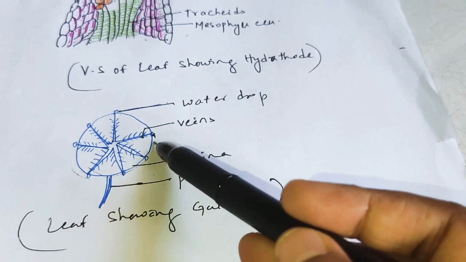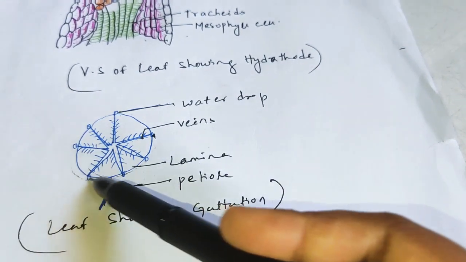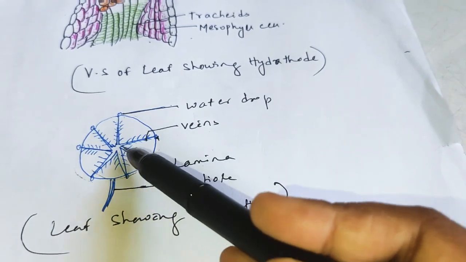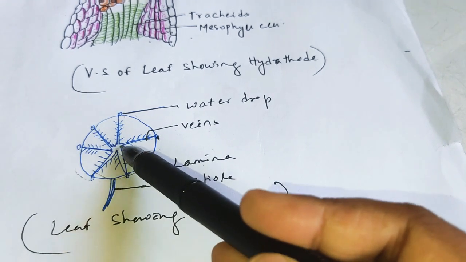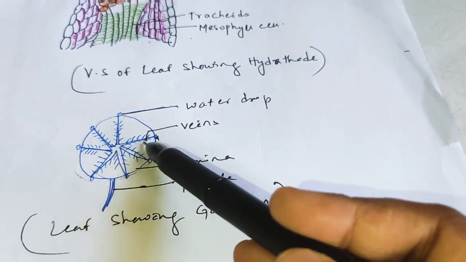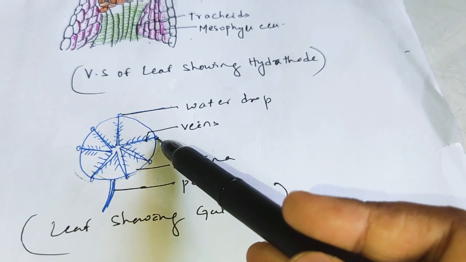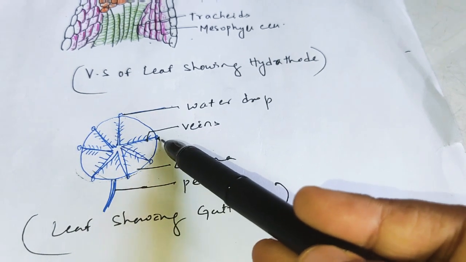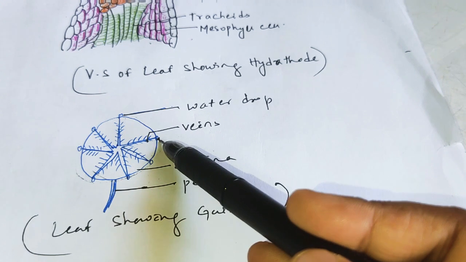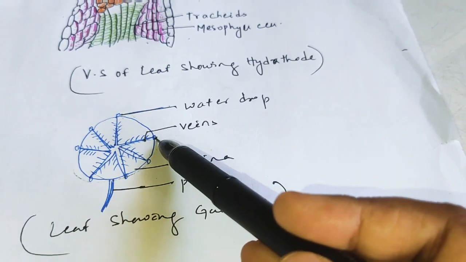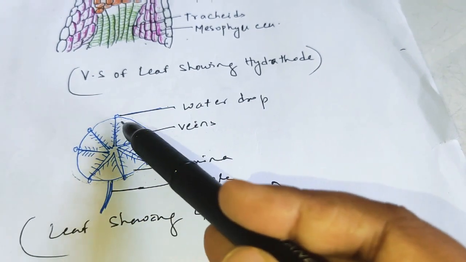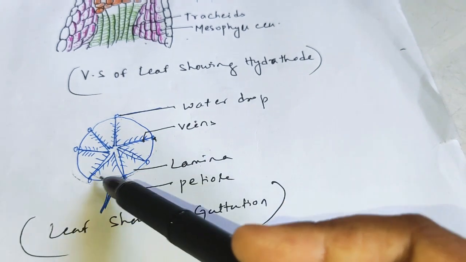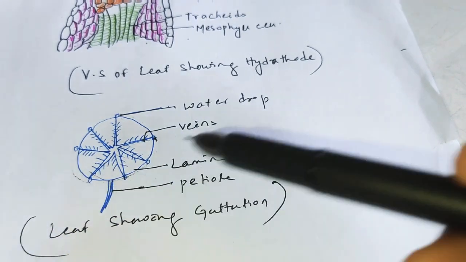This part is our leaf margin, and these are the veins. Through the xylem water comes and reaches the vein and finally reaches the hydathode, and through the hydathode water is released in the form of water droplets. Clear? Here the water is present in the form of drops.